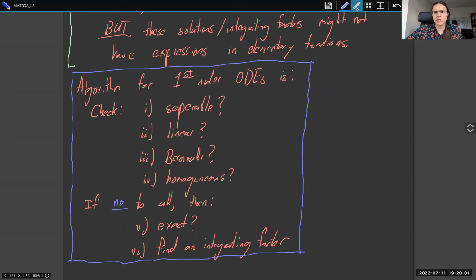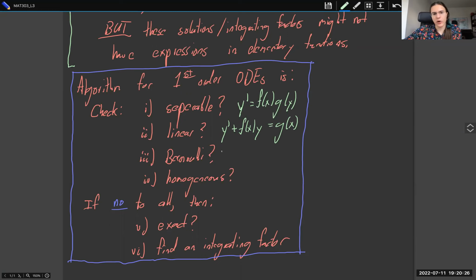And just to remind you as to what these are, separable equations are equations of the form y prime is equal to f of x g of y. Linear equations are equations of the form y prime plus f of x times y equals g of x, another function of x.